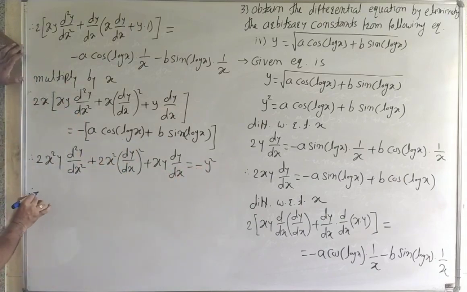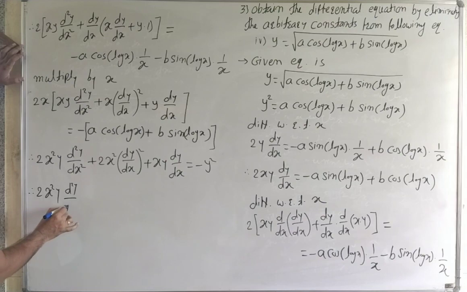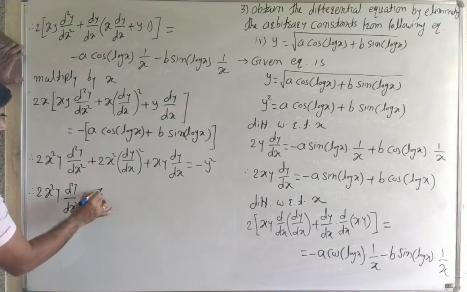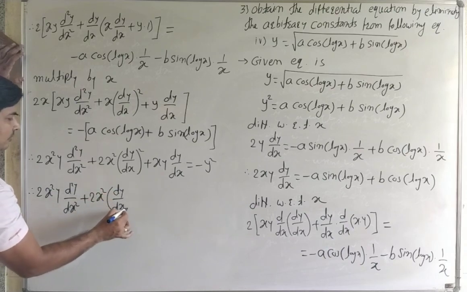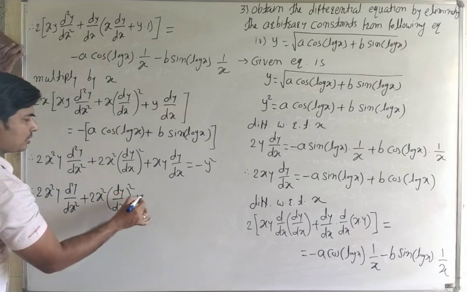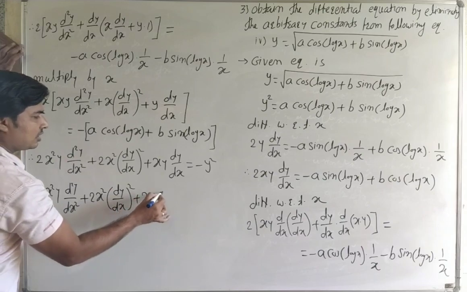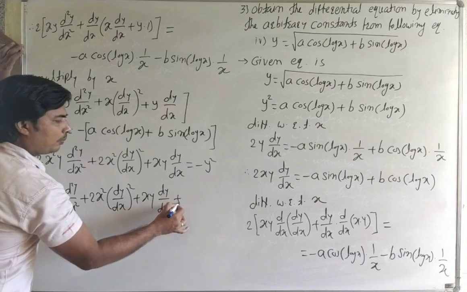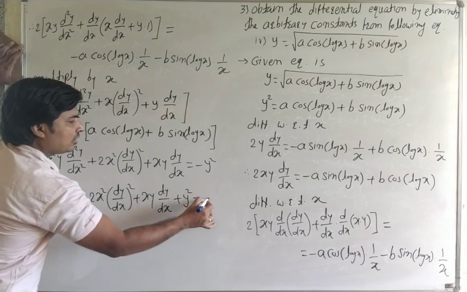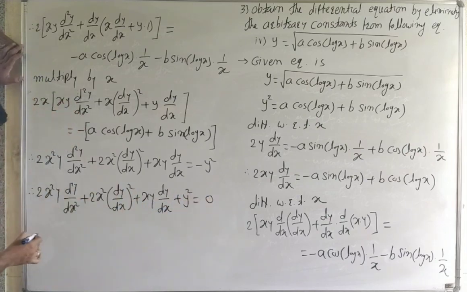And now the last answer: 2x square y d2y by dx2 plus 2x square dy by dx whole square plus xy dy by dx plus y square is equal to 0, and it is the required differential equation.